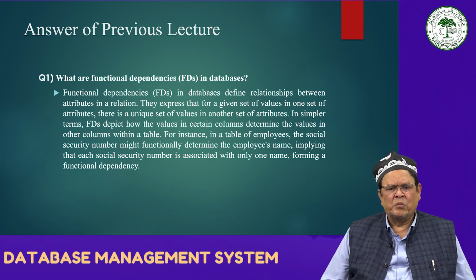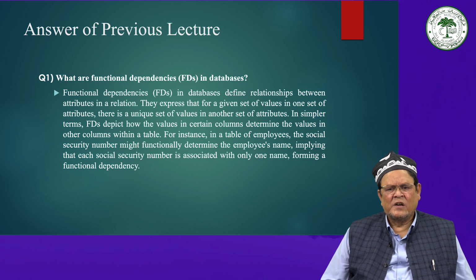In simpler form, functional dependencies predict how the value in a certain column determine the value in other column within a table. For instance, in a table of employee, the social security number might functionally determine the employee's name, implying that each social security number is associated with only one name, forming a functional dependency.